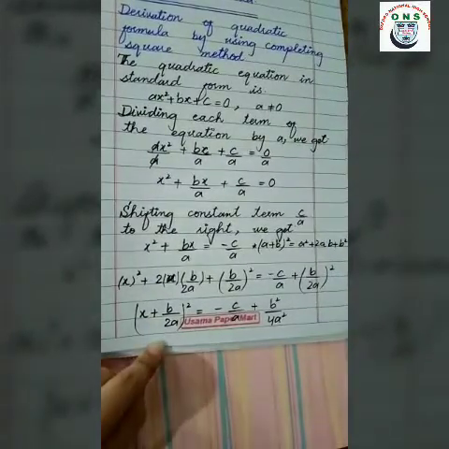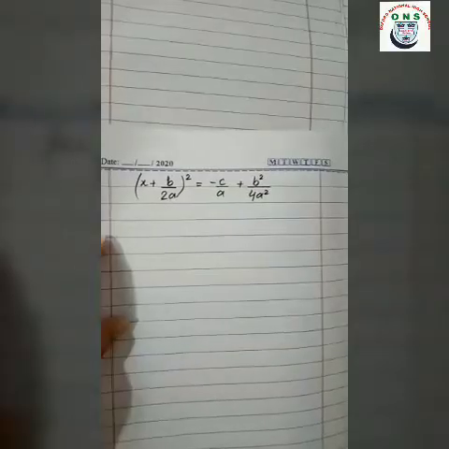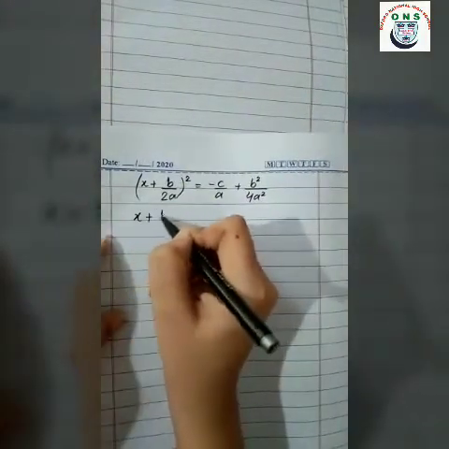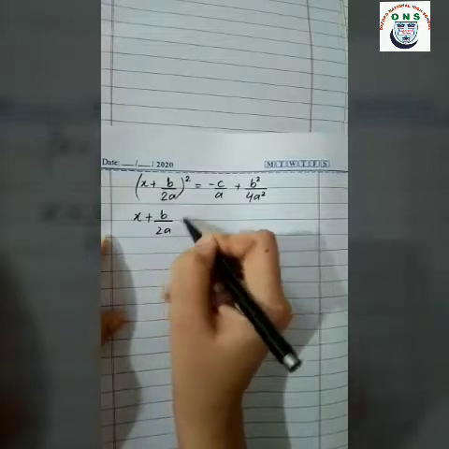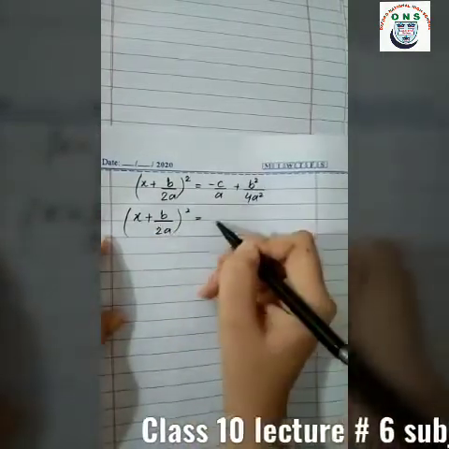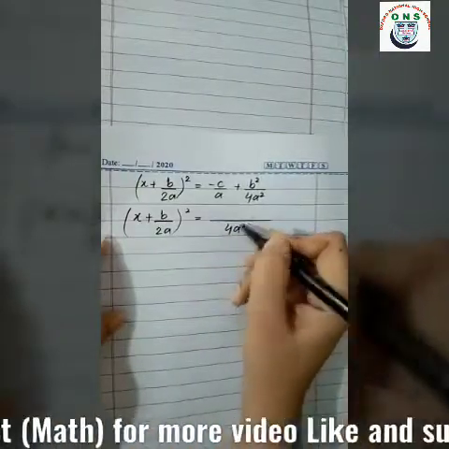Got that, students? Now move towards the next step. So now students, plus b by 2a will remain as it is. We will take LCM here. LCM is 4a square.